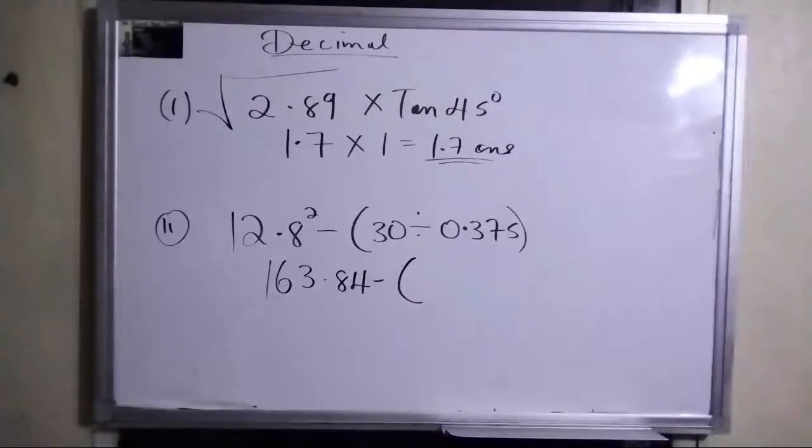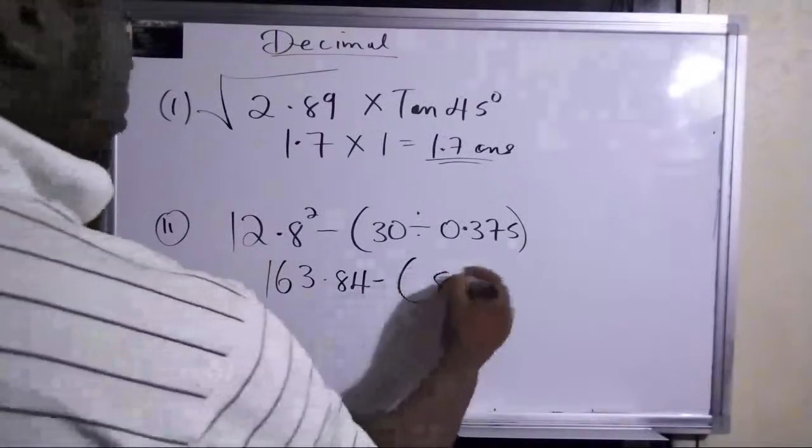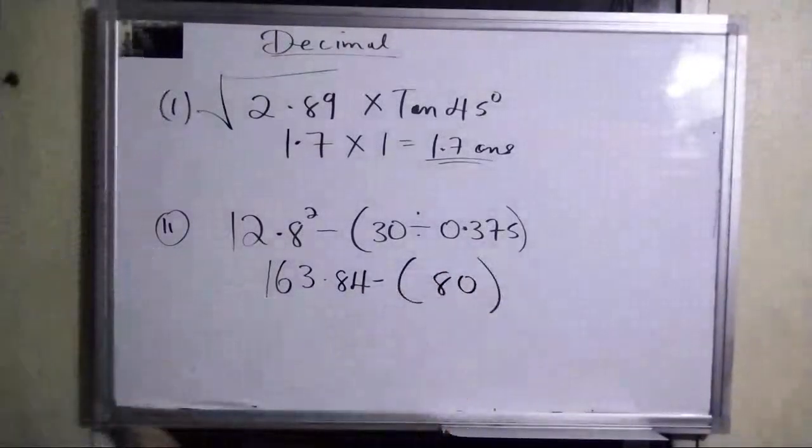And the bracket said 30 divided by 0.375. And that works out to 80. Alright? So that works out to exactly 80.